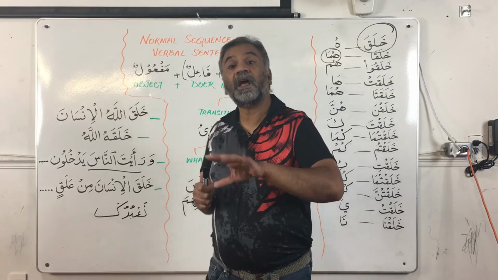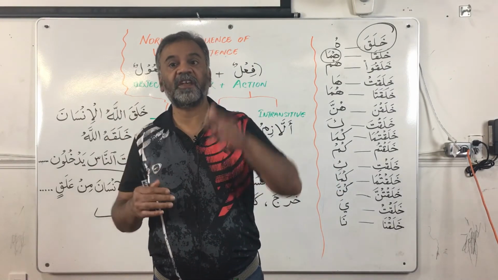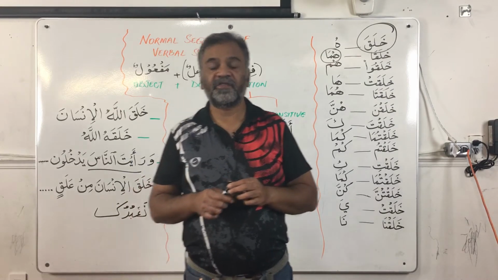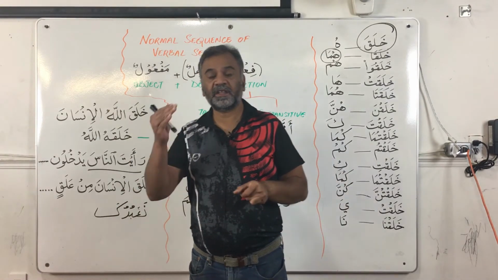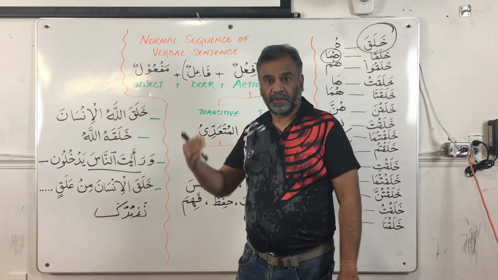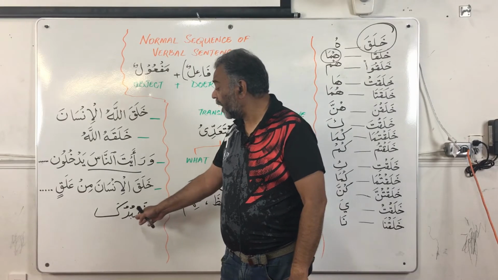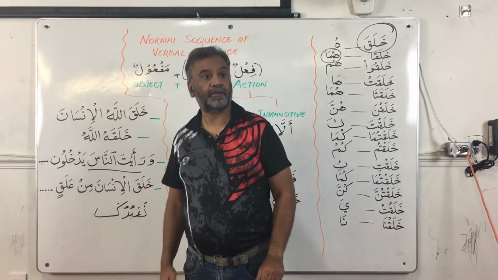'Abada ya'budu. Ya'budu is mudari'. Remember, in the last class we said the ya, the ta, the hamza and the nun identify that it is a mudari'. So na'budu, we worship.